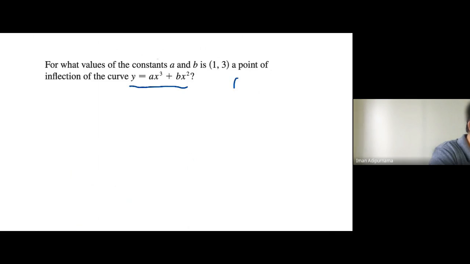So this is an inflection point. Now remember, an inflection point happens when your double prime, or second derivative, is equal to 0. So first, maybe we can differentiate twice.